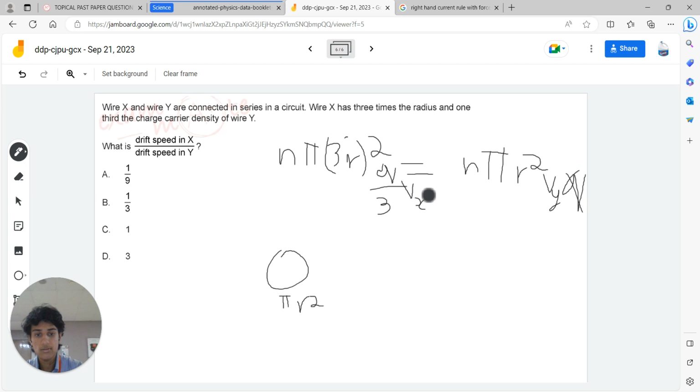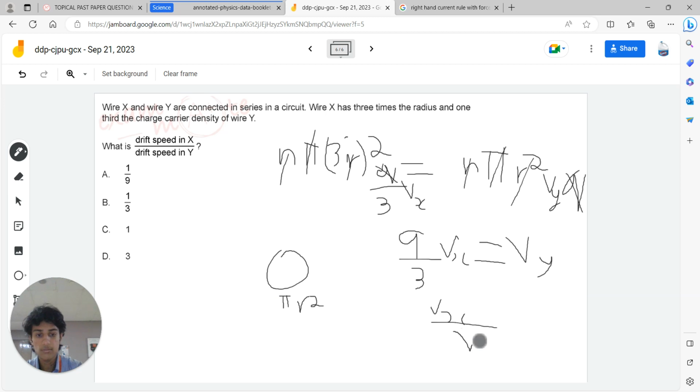Now you can see you can cancel out the charges, n, pi r squared, so you're left with 9 by 3 vX is equal to vY. If you rearrange this, vX over vY is equal to, this gets cancelled, this becomes 3. We bring that to the other side, we get 1/3. So the answer is B.